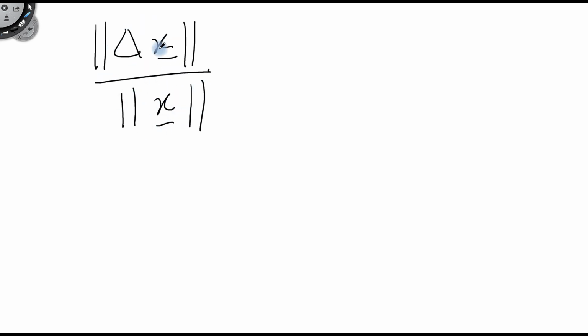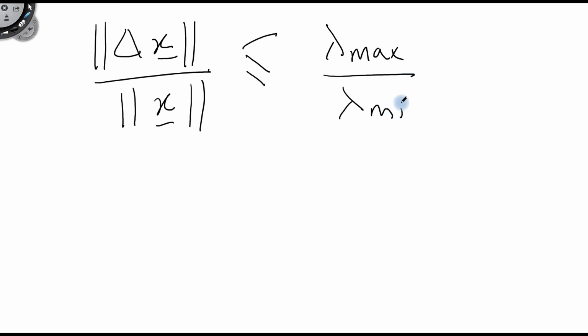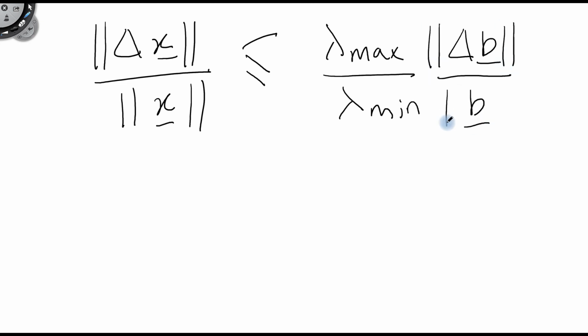Not so meaningful if it's just on its own. And it's less than or equal to lambda max on lambda min, and then you have again the change in delta B relative to B itself.